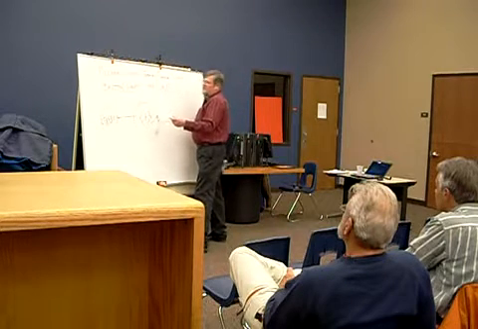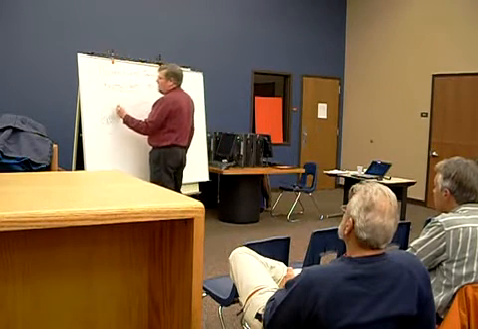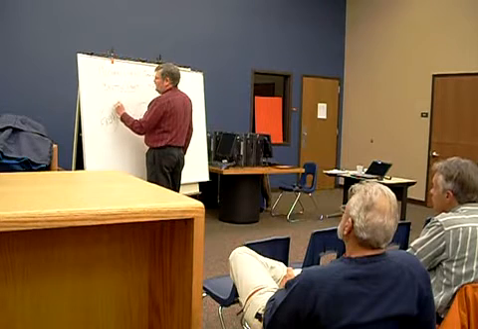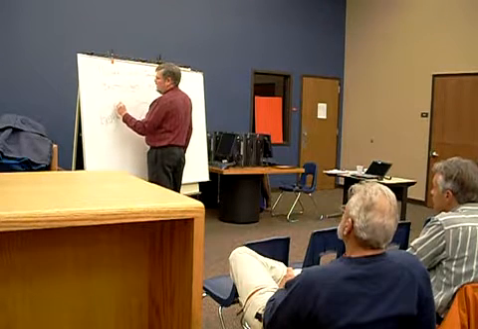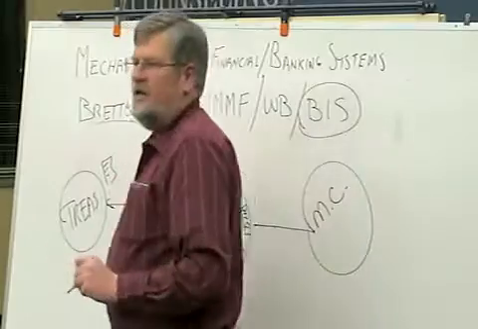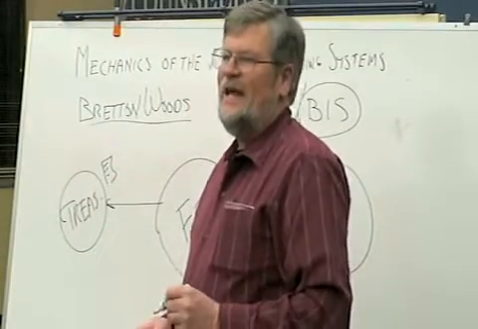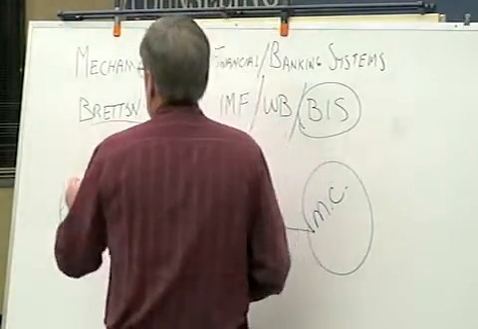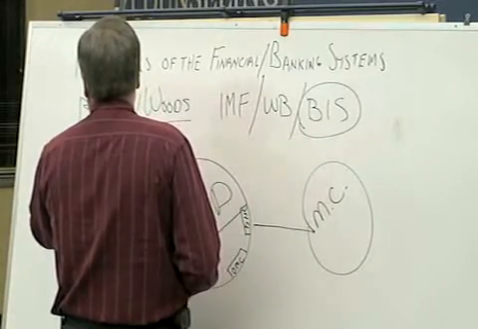What happens today is the first way here: Treasury needs money because they're deficit spending. So the Treasury creates what's called a T-bill.